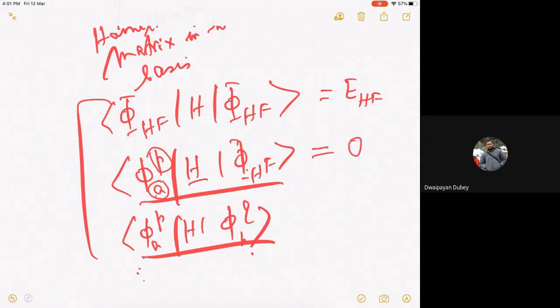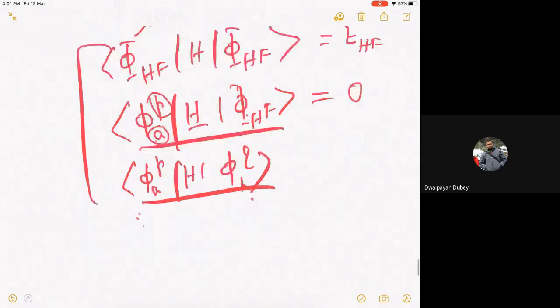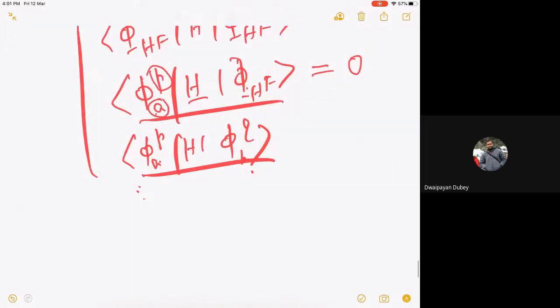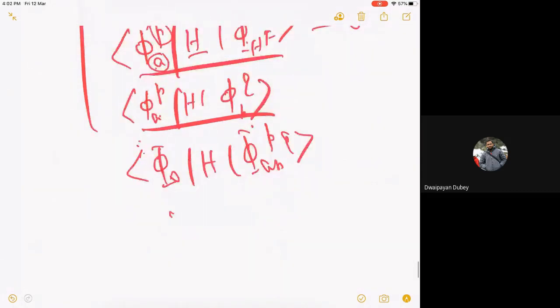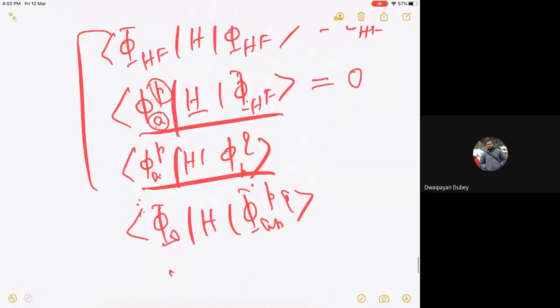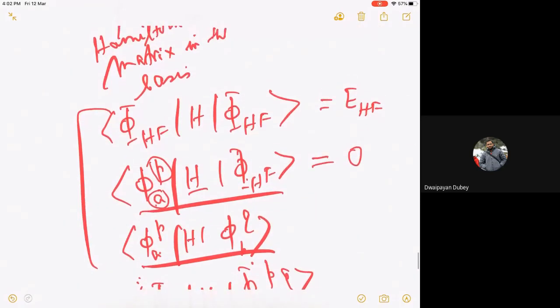This will come as Brillouin's theorem. I will do that later. And of course, singles and singles. Then you can have Hartree-Fock with doubles, like phi ABPQ, and so on. Doubles with single, all possibilities within the CISD. So you have to construct all these matrix elements.